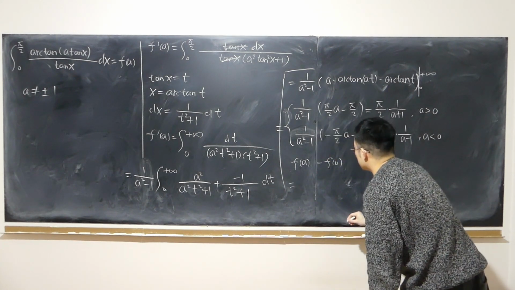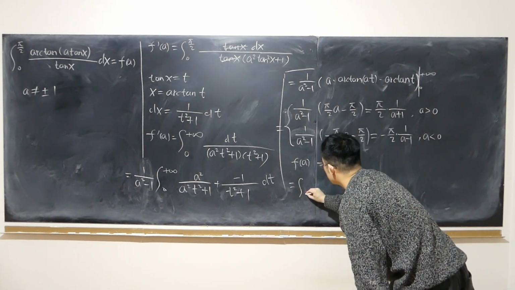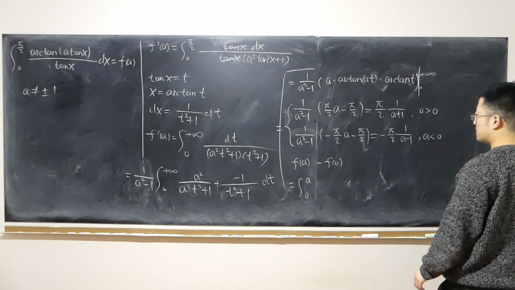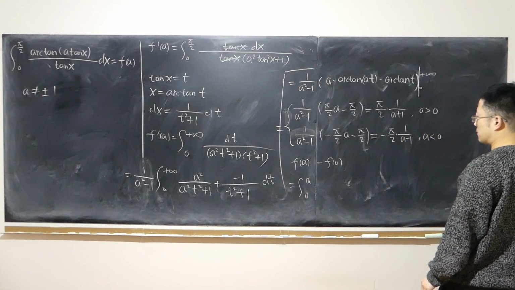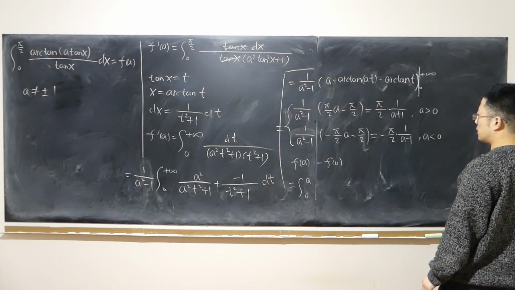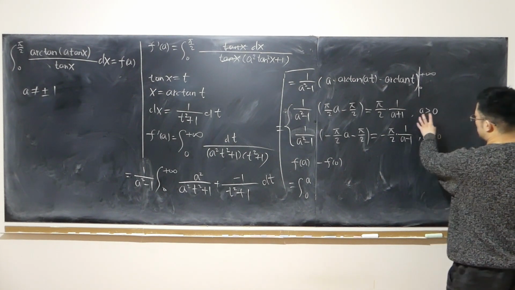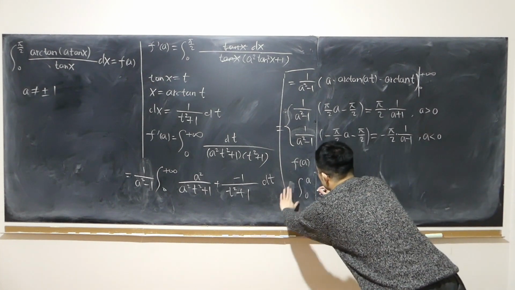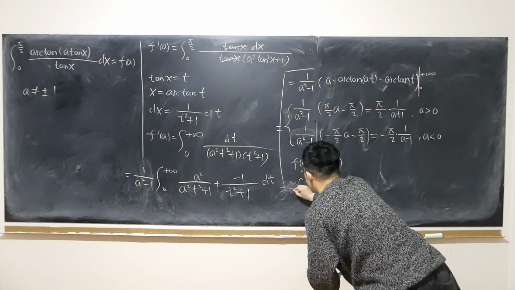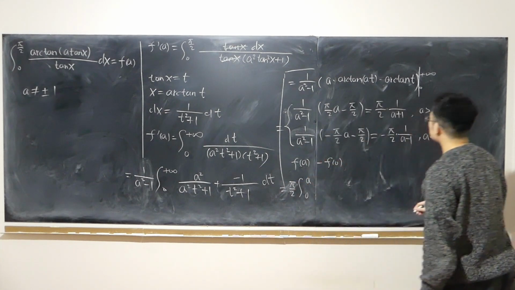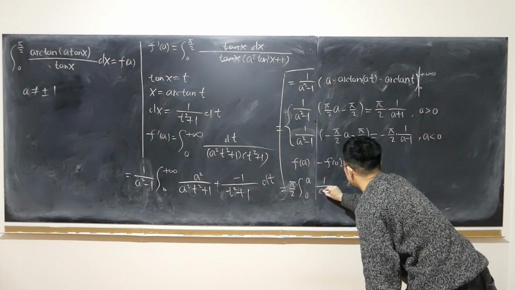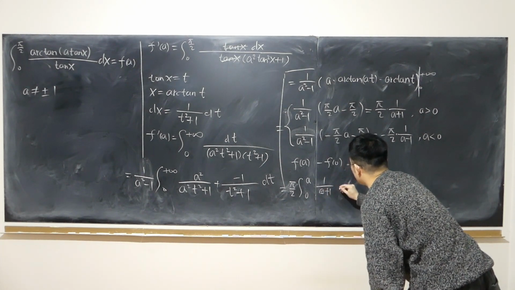That is the definition of the definite integral from 0 to a. I'm going to use the antiderivative, so half pi times 1 over theta plus 1 d theta.